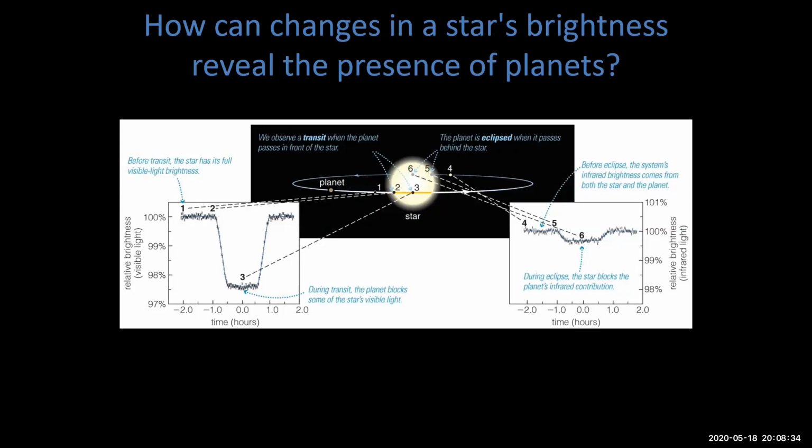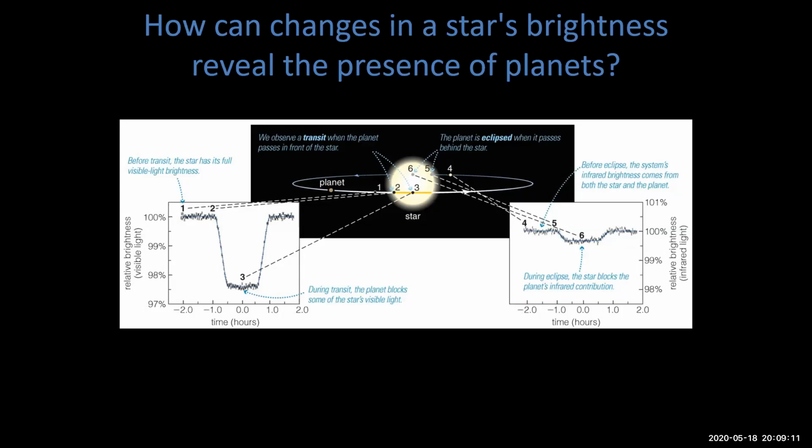Another mechanism to find planets relies on that same sort of geometry. And this method is called the transit method. The idea is that the planet orbiting the star far away will, if it's oriented correctly, block the light from the star as the planet passes in front of the star relative to us, the observer. Now again, for a lot of planets and for a lot of stars, this is likely not possible.